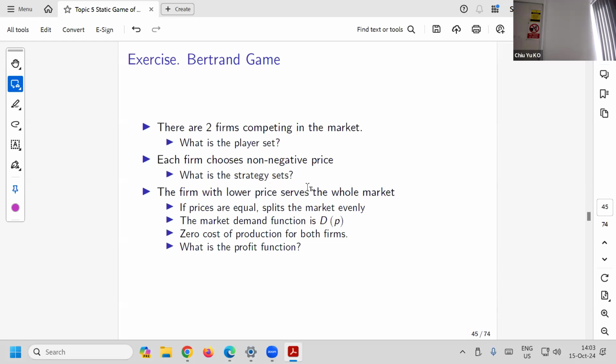How do you define the Bertrand game? Who are the players? How to define a strategy? How to define the payoff function? How to draw the best response? You're able to do it because we know the answer already. So the only challenge is how to write them properly, and that will be an important challenge for you to try.